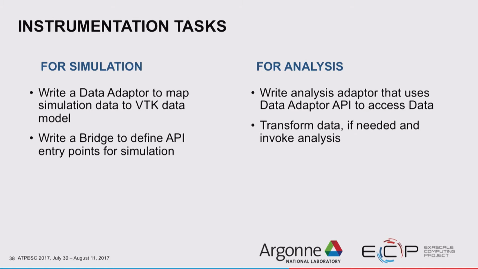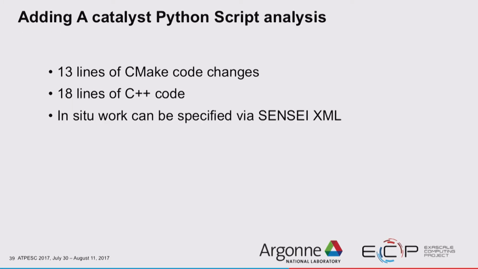On the analysis side, you write the analysis adapter, and it will understand the VTK data coming in, and then it will do whatever is needed to the data. Here we're trying to show how simple it is to instrument an existing code, okay?